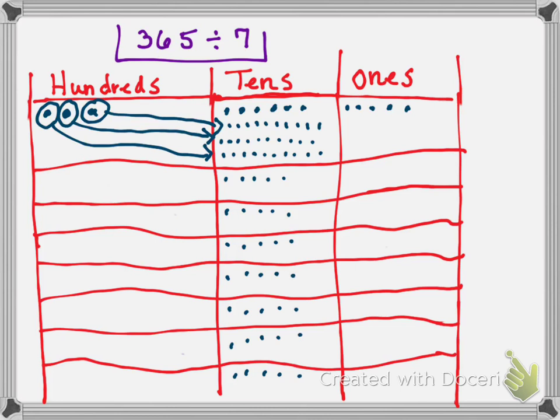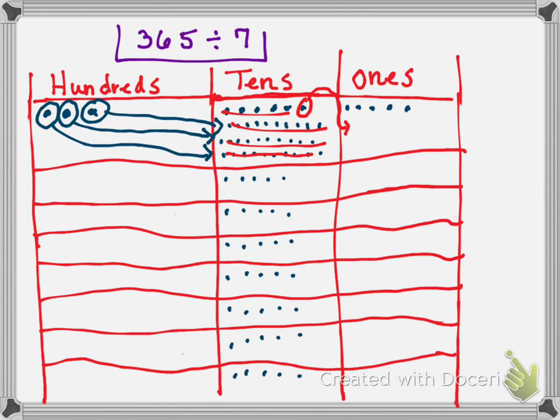Uh-oh. That means that we have one of these tens that does not fit in this group. So what we must do is we must take one of these tens and bring it over to the ones.